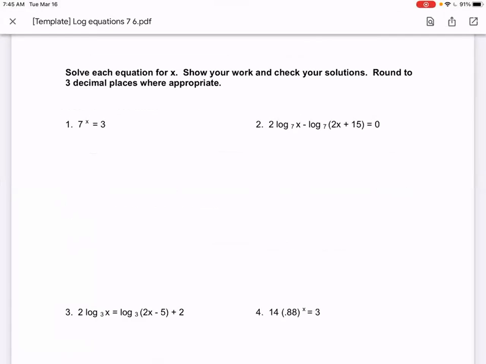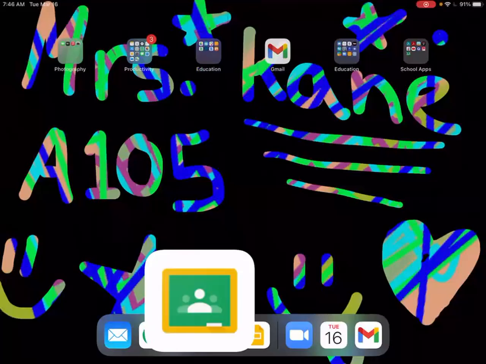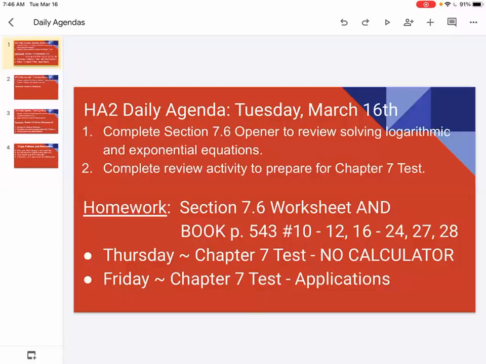And then part 2 are some book problems, which you now have the online book access thanks to Faith and Jordan, which makes it a little easier to use. So the other part is a few book problems to start reviewing for the test. So there's some exponential problems on here. The last 2 are word problems. So that would be part 2 of the homework.